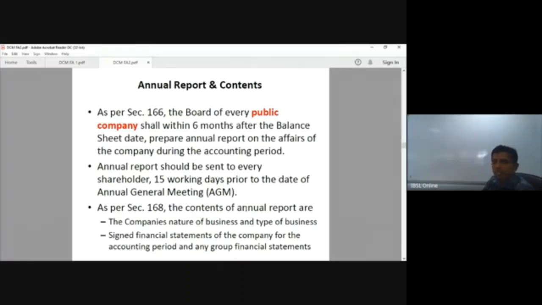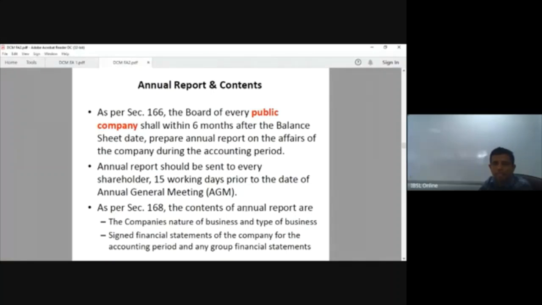Then this is a bigger company's requirement. If you are registered as a public company, right? Not the listed.